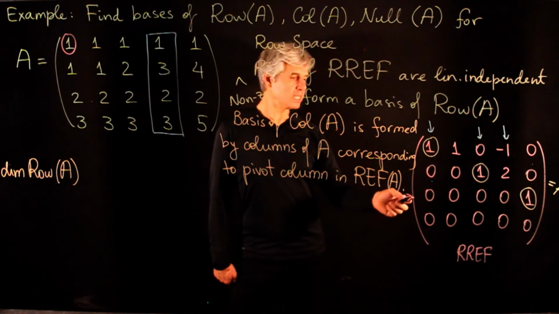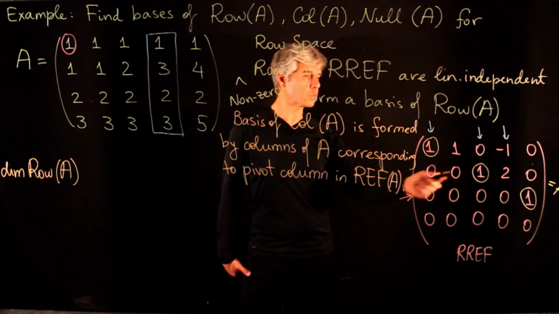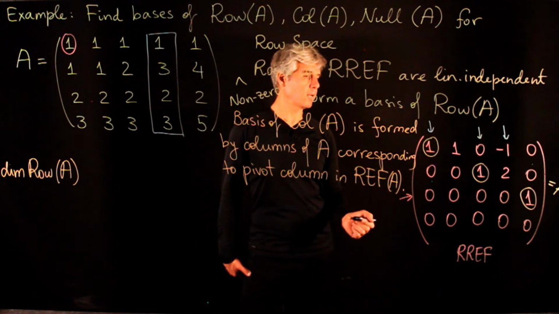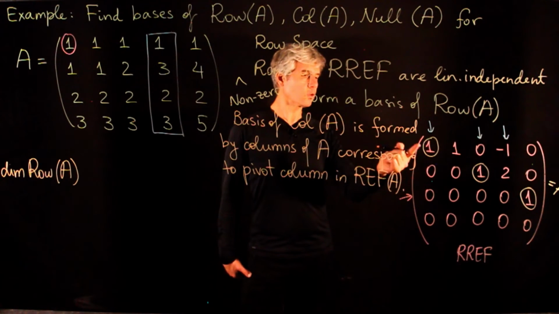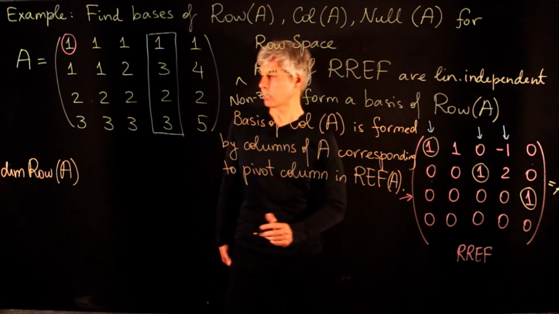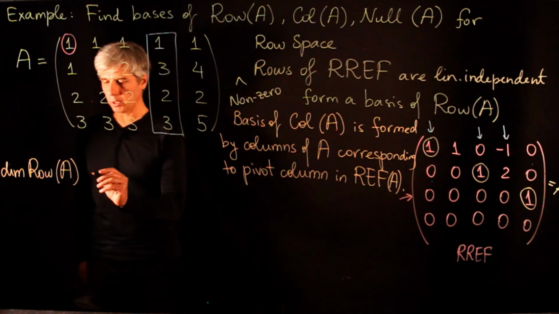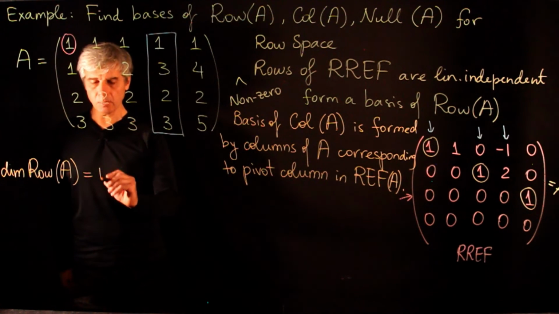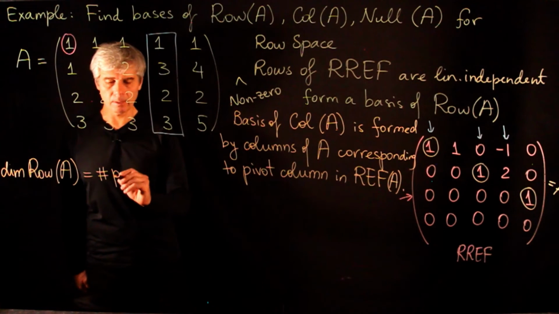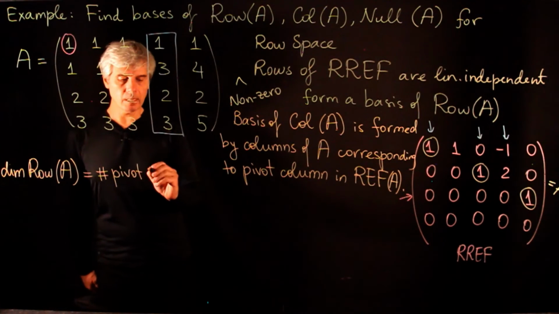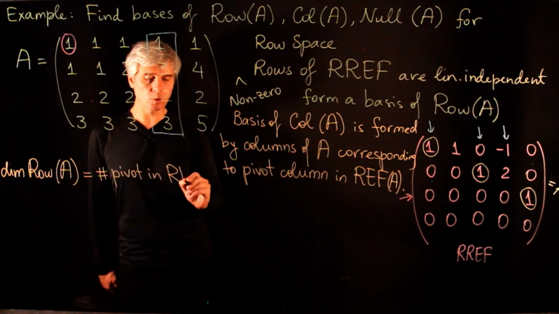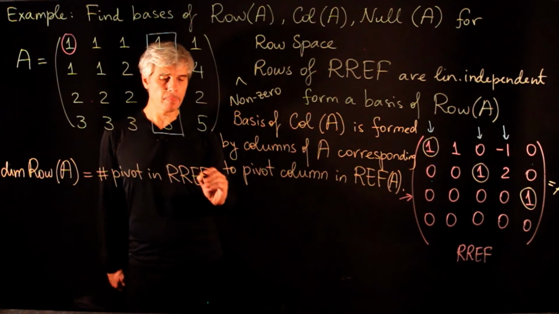Now, what is the number of non-zero rows in reduced row echelon form? We know that every non-zero row starts with a pivot. So this means that the dimension of the row space of A is equal to the number of pivots in reduced row echelon form of A.